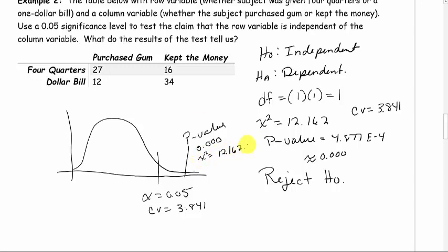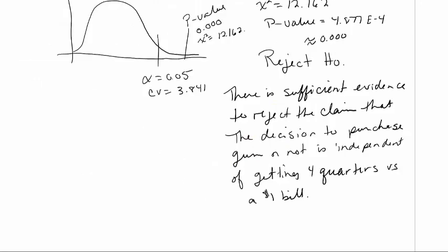Next, we need to make a statement for our conclusion. We're going to conclude that the row and the column variables are dependent. So we have sufficient evidence to reject our claim. So our conclusion statement is there is sufficient evidence to reject the claim that the decision to purchase gum or not is independent of getting 4 quarters versus a $1 bill.